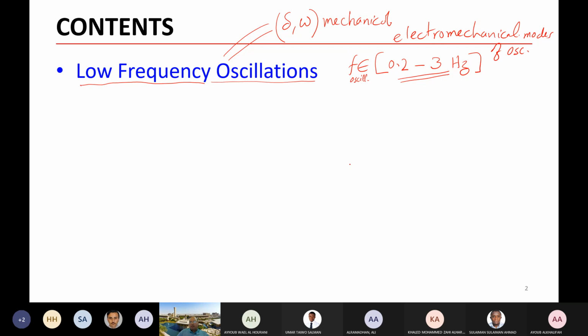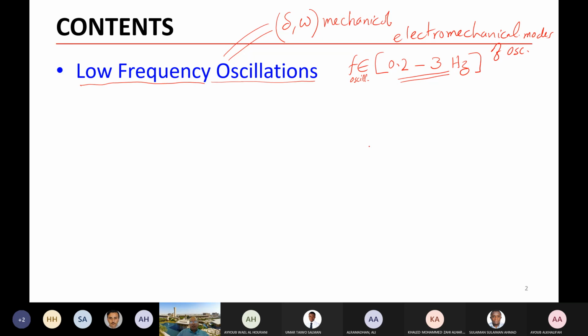If you have a disturbance, such as a load change, a generator change in reference voltage or reference power, or a fault in the system, we may have some oscillations in this order, 0.2 to 3 hertz.